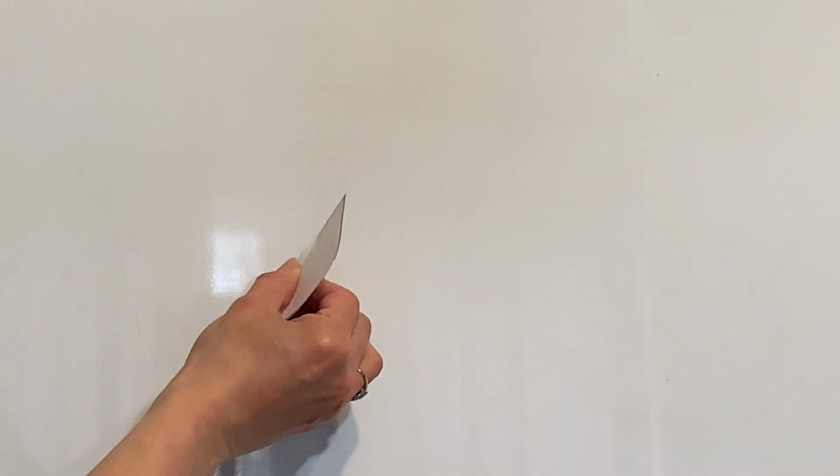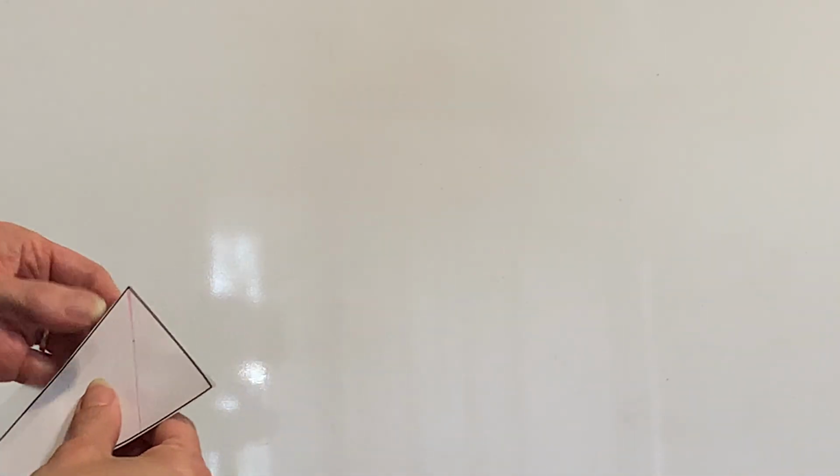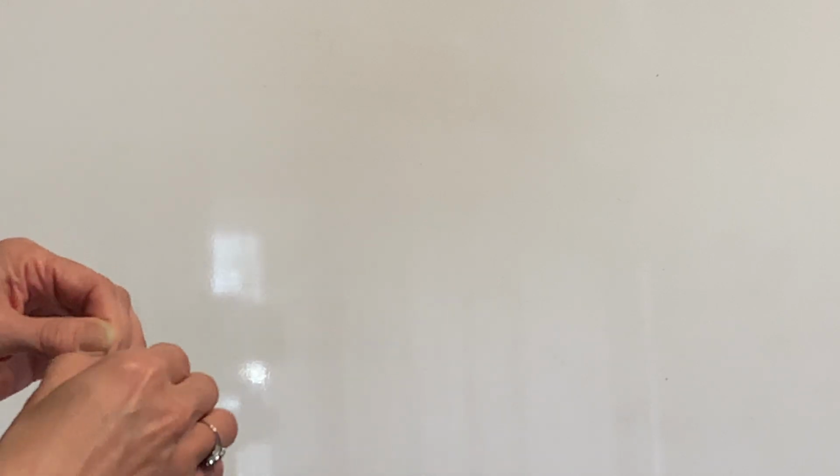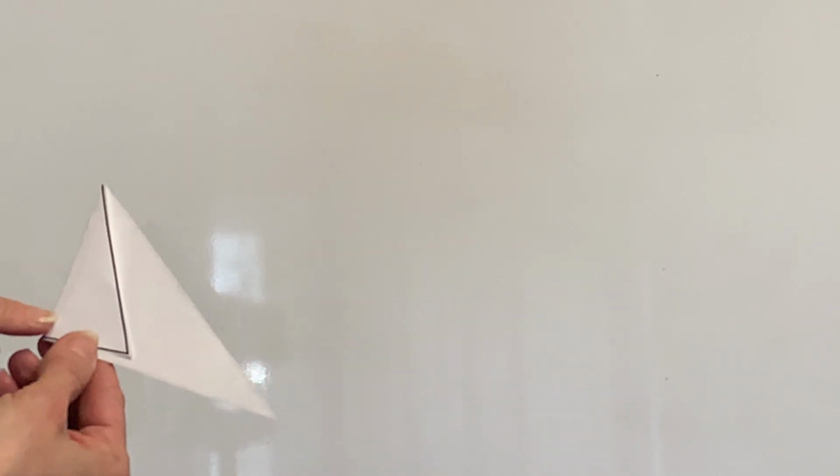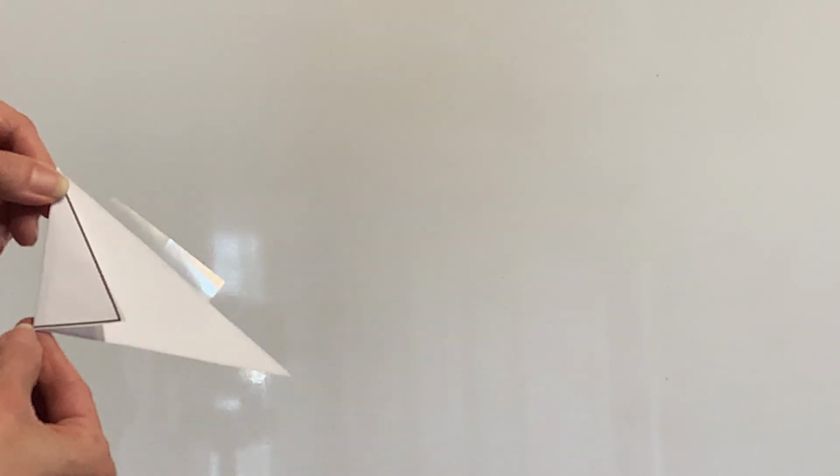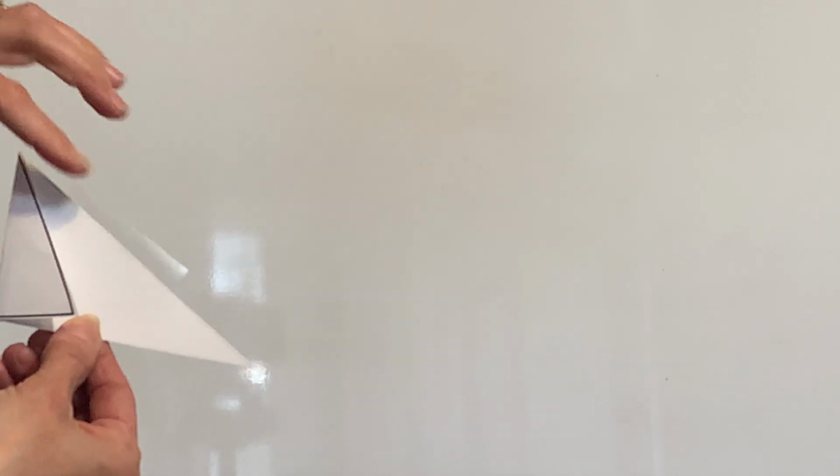So I'm going to pick this up, and I want you to pick yours up, and I want you to fold it on the line so that you can see visually that these are two right triangles. So I can take a look at the one side, I can flip it over like this, and I can see that this is a right angle, and it is perpendicular to the base.